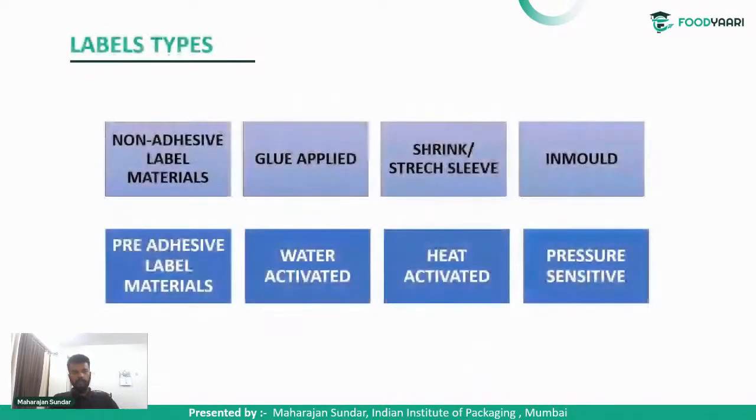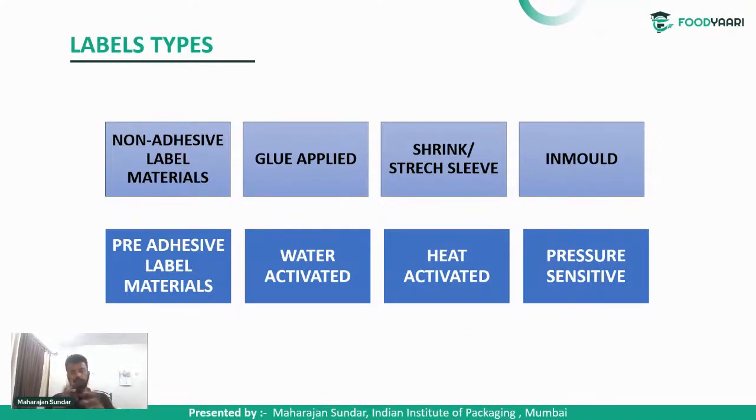Label types. Labels are of two types: non-adhesive label materials and pre-adhesive label materials. Non-adhesive label materials have one part printed and the other part plain. While packing the product, at the final stage of closing, the label will come in one direction, glue will be applied, and it will be attached by mechanical means to the product, which then goes to a dryer for drying.